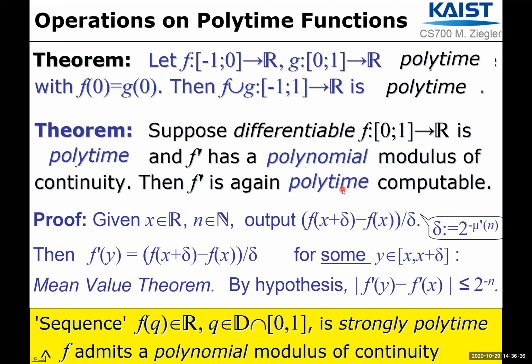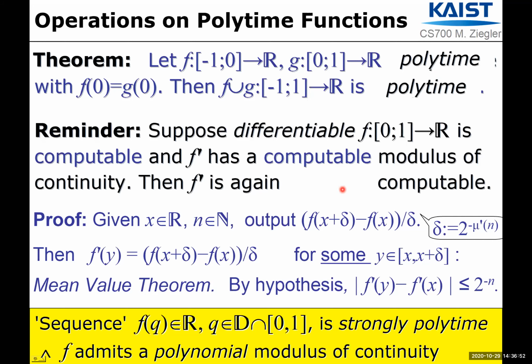And the proof, I'd like to remind you of the proof because we're going to use that proof later in today's session. Namely, the proof is a refinement of the proof that we used to assert the qualitative computability of the derivative.